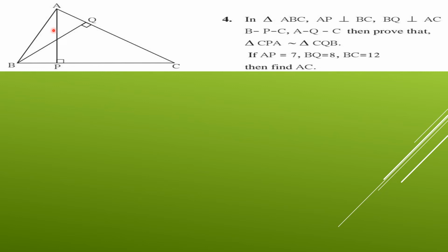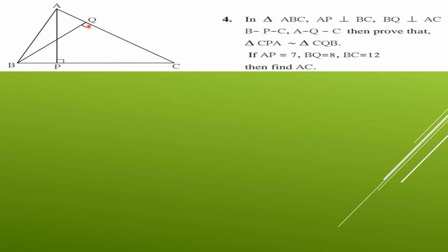The fourth example is, in triangle ABC, AP is perpendicular to BC. See here, AP perpendicular to BC. BQ perpendicular to AC. Then B, P, C are collinear points.